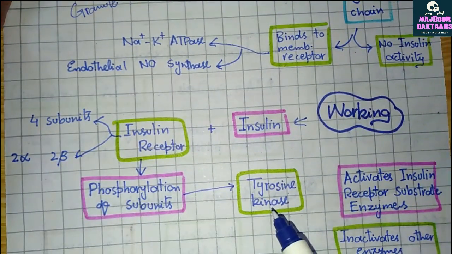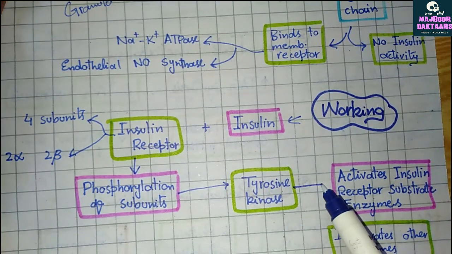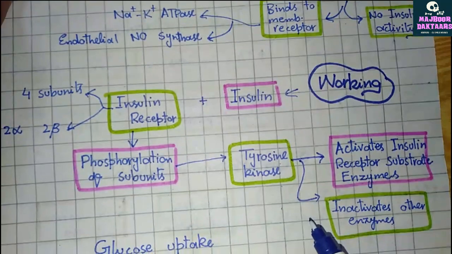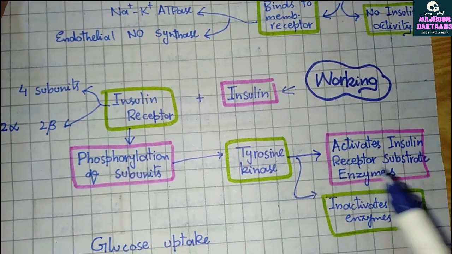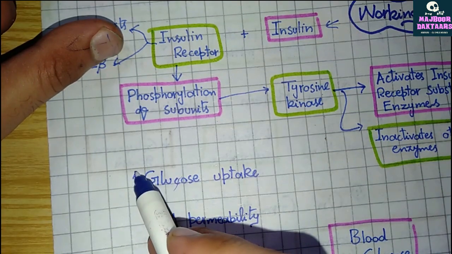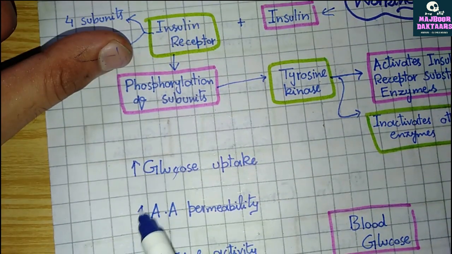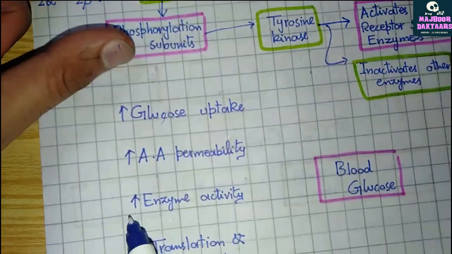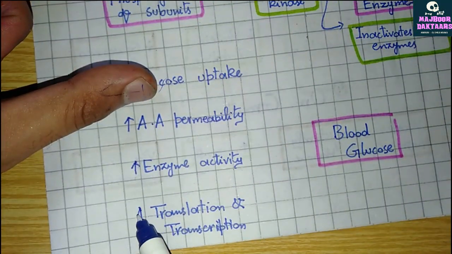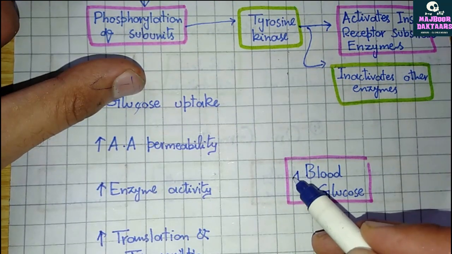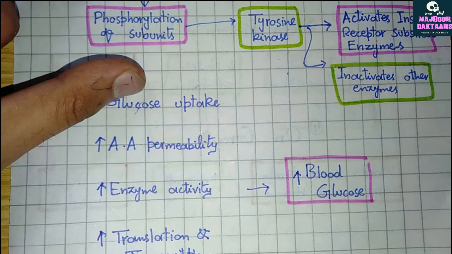Now the tyrosine kinase activates several insulin receptor substrate enzymes and along with it activates other enzymes. All these activities result in the increased glucose uptake, increase in amino acid permeability, increase in enzyme activity, increased translation and transcription of protein, all of which result in the decreased blood glucose level.